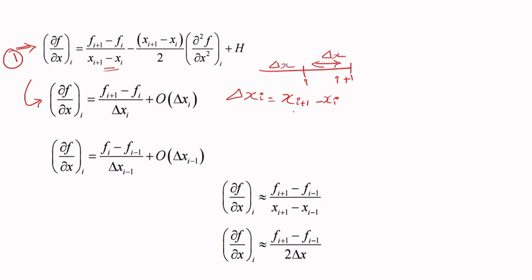So I am substituting for this term. It becomes f of i plus 1 minus f of i by delta xi. And this term I am taking as order of delta x. So these are the terms we are neglecting.